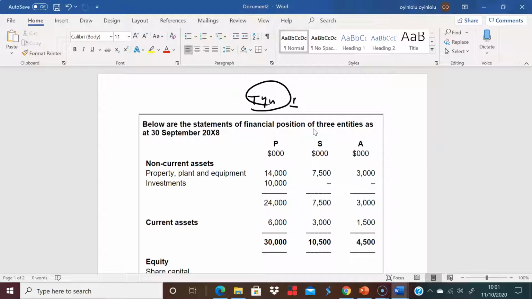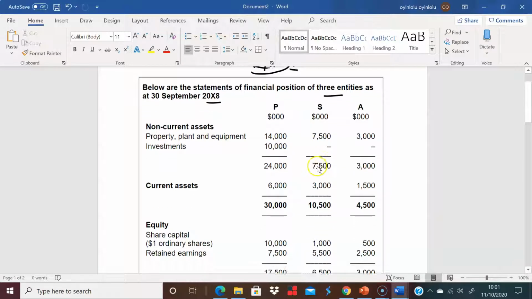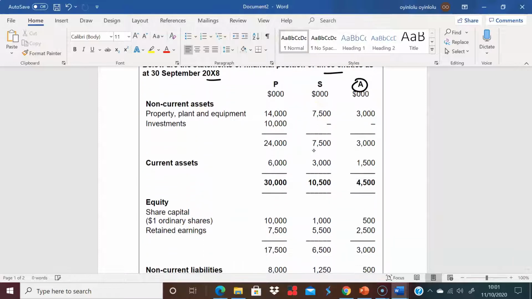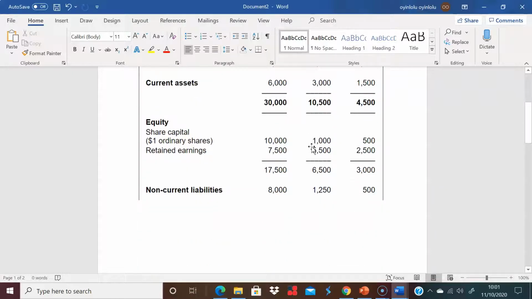So here we are. Statements of financial position of 3 entities as at the 30th of September. Here's the parent, the subsidiary, and here is the associate, suitably named parent, subsidiary, and associate.